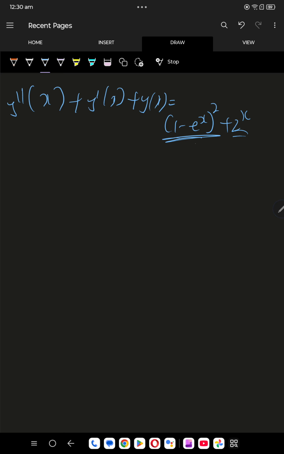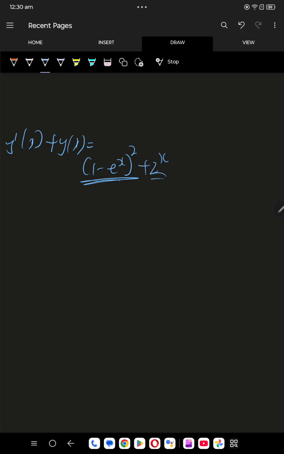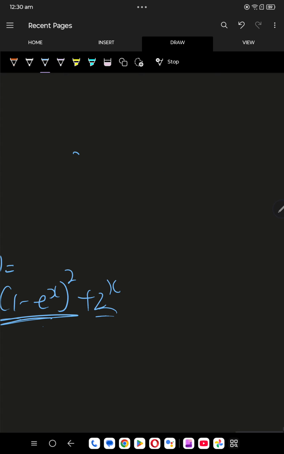We'll actually have to convert it to that. 2 power x can be written as e power x log 2. Yes, correct?